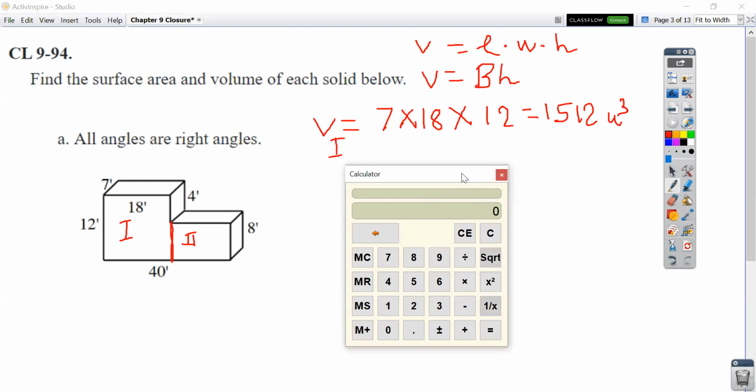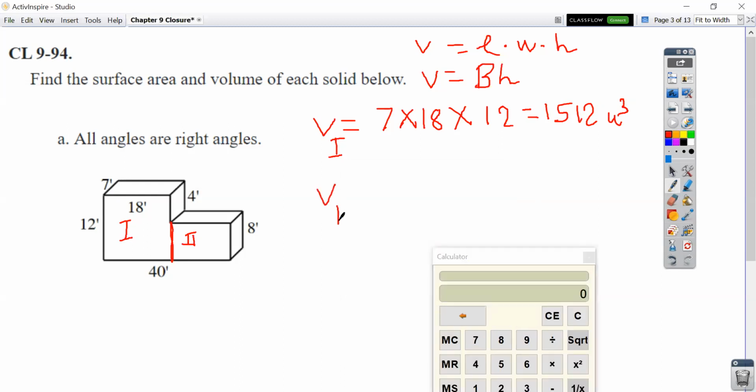All right, continue. Now we are looking for the volume of my second piece. On the second piece, remember this is 22 and this one is 18. The same formula: length times width times height. So we take 22 times 8 times 7. Where do we get the number 7? This one is 7 and this one is 7.